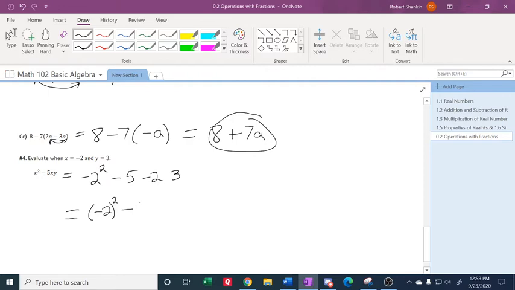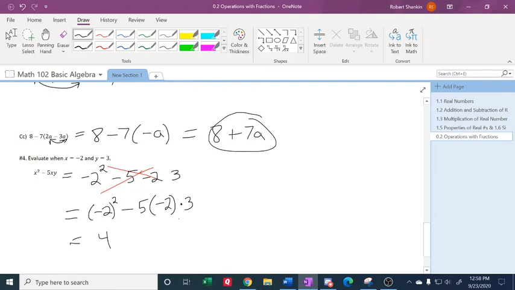The next thing, this looks like 5 subtract, and it doesn't mean subtract. So you put it in parentheses, showing multiplication, times 3. Okay, so this was the part not good. And this becomes 4.